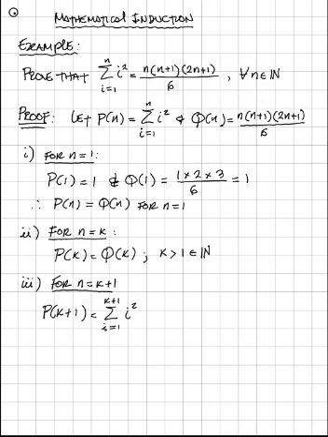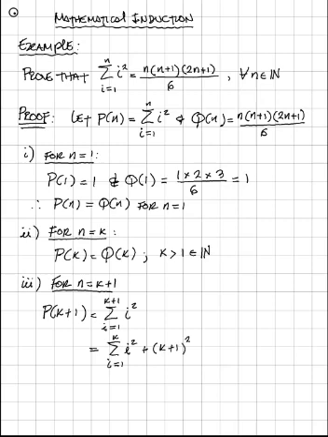This means 1 squared plus 2 squared plus 3 squared all the way up to (k+1) squared. And then what we're going to do is split this into the sum up to k, and take the (k+1) term out. That's what we've done previously.